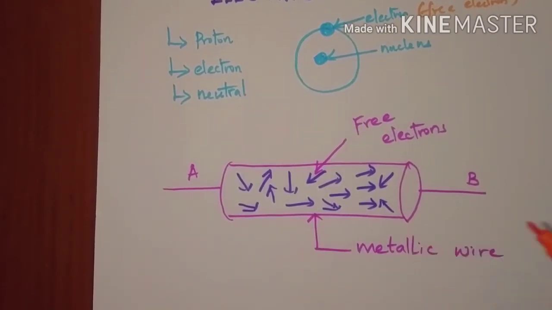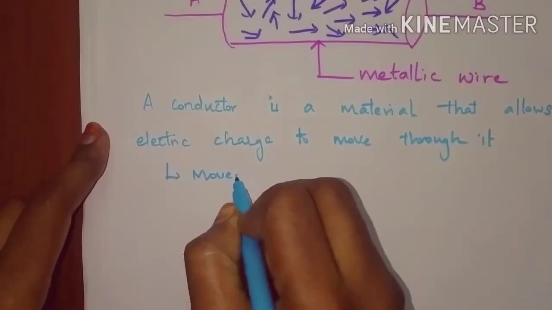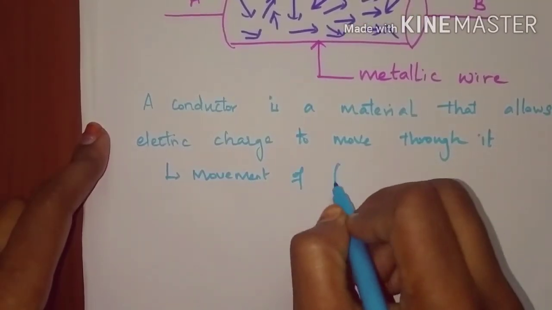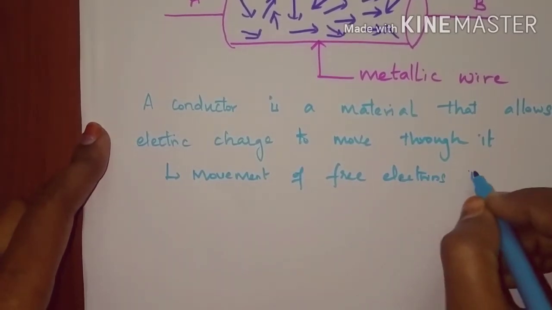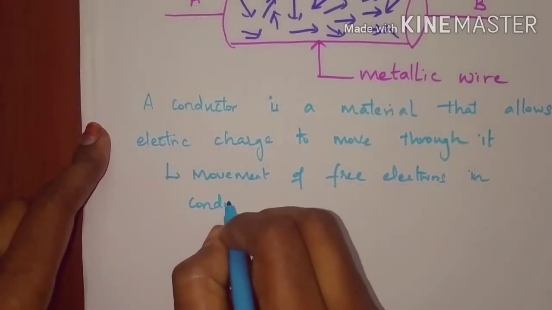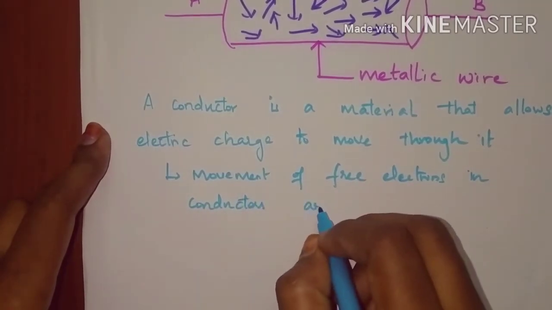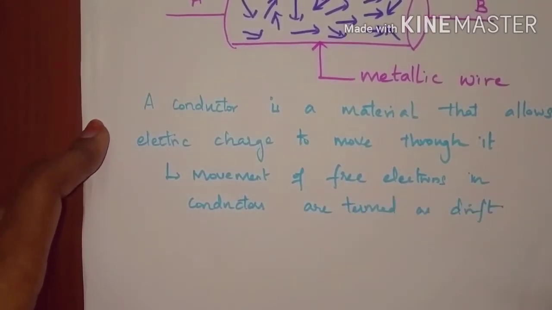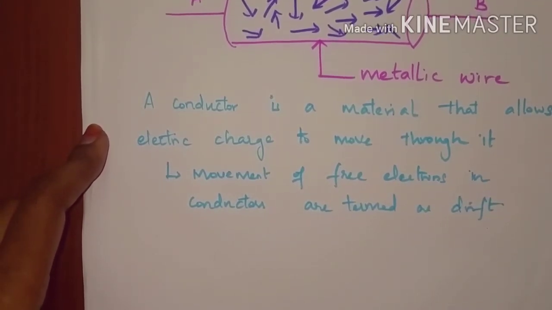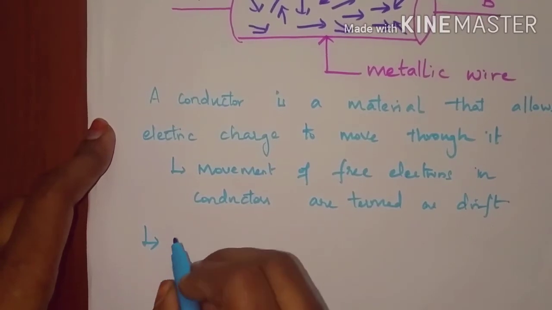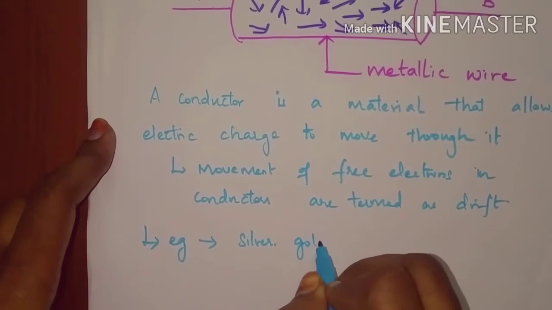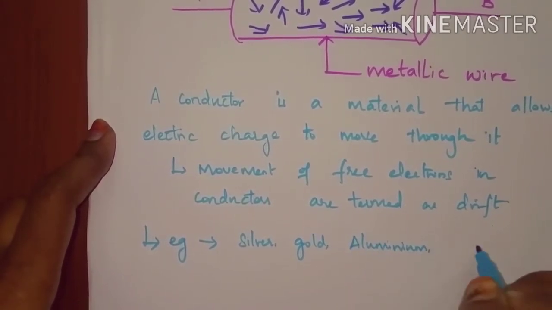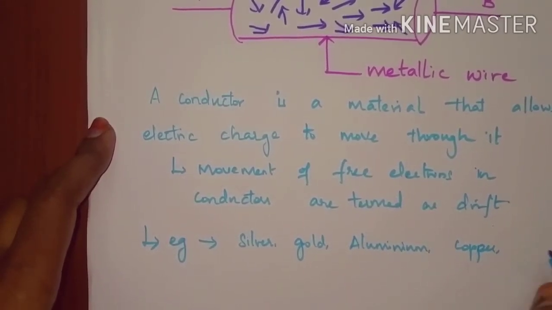So this movement of free electrons in conductors, termed drift, produces a current. The examples of conductors are silver, gold, aluminium, copper and iron.